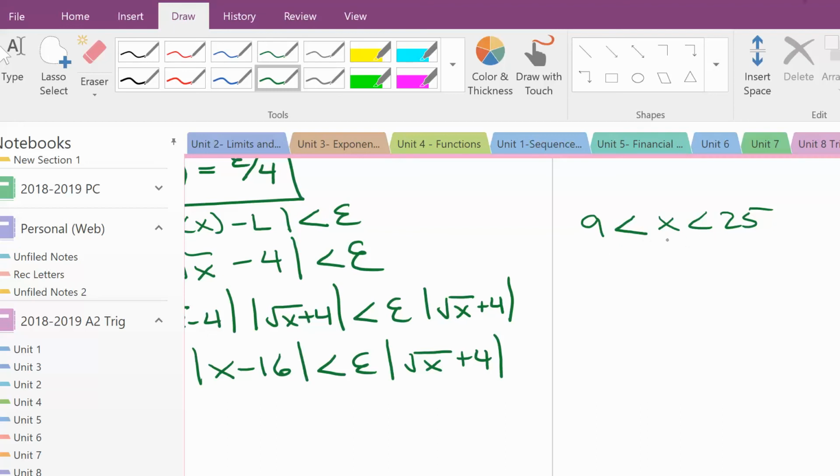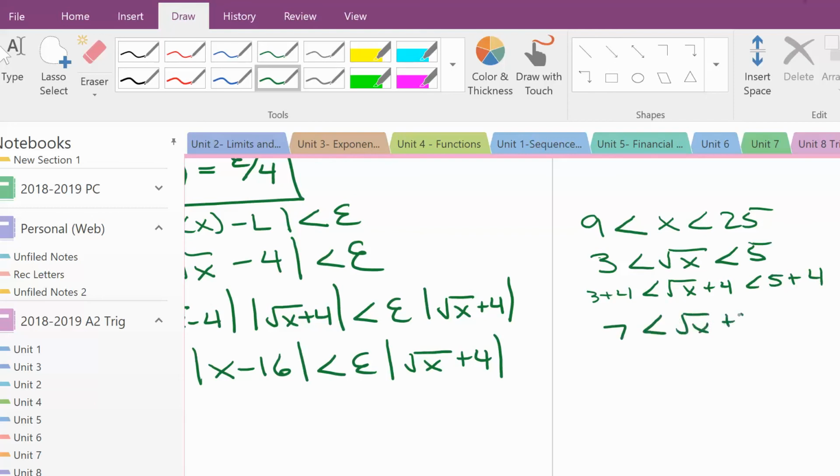Now if we take the square root of that, the numbers are between 3 and 5. Then if we add 4, so 3 plus 4, and 5 plus 4, that means the square root of x plus 4 must be between 7 and 9.